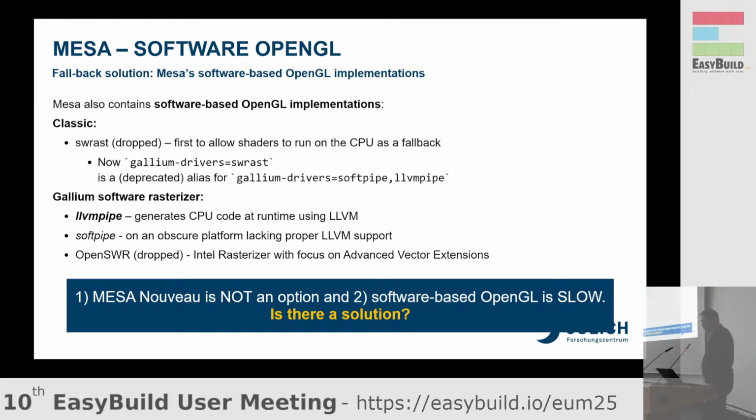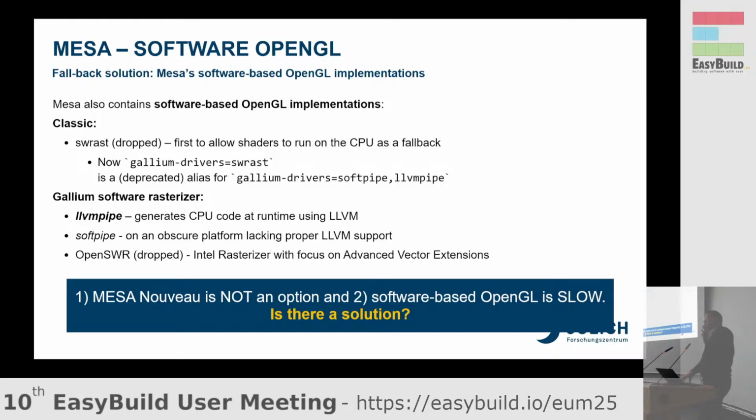I could assume that LLVMpipe caught up. I could not find any recent performance comparison, but I would expect that LLVMpipe has caught up with OpenSWR, which was more focused on the advanced vector extensions and made use of them.